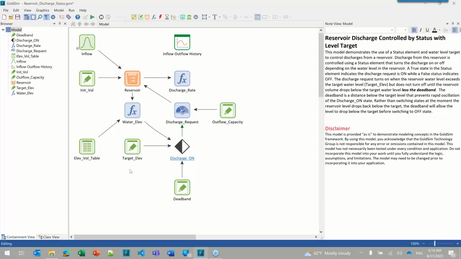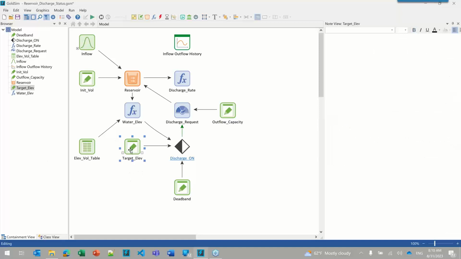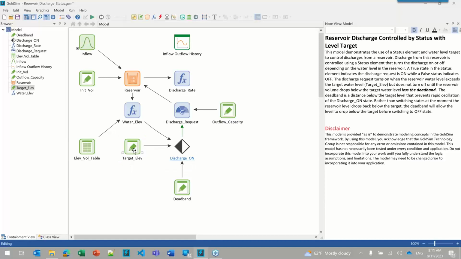Then maybe you would have the target dropping, going lower in anticipation of higher flows, right? So you could imagine you might replace this element with a lookup table that is changing by the seasons or something. Anyway, this is constant.